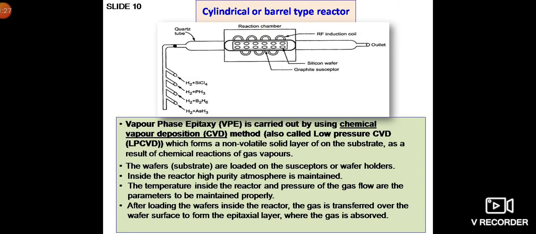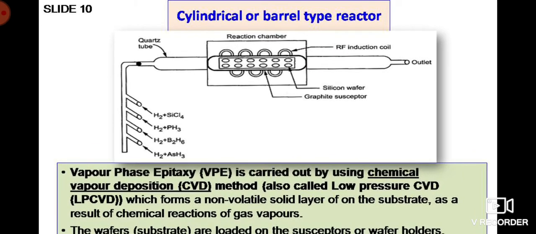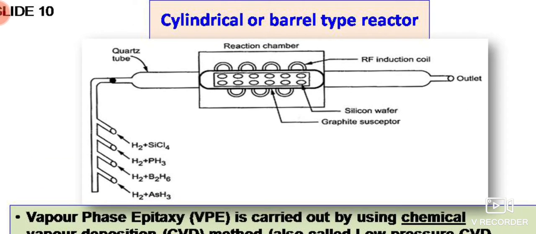Here it is a cylindrical or barrel type reactor. You can see the tube inside which the wafers are to be placed is made of quartz. Why is quartz used and not any other material? You know, quartz is a mineral consisting of silica.